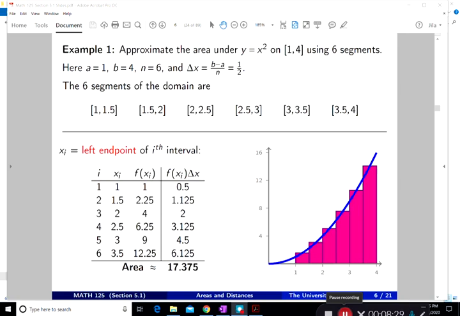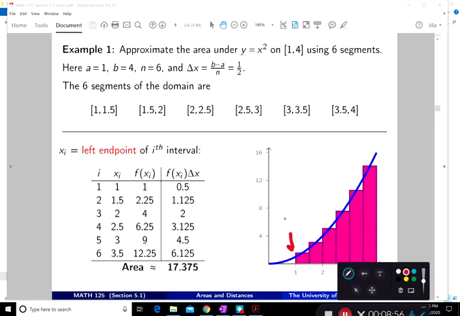Again, breaking the interval into pieces is the same. You have the 6 intervals, and each one is 0.5. This time around, when you're trying to find the height of the rectangle, you use the left endpoint, and that is over here, left endpoint, and that's f of the left endpoint here, f of 1, which is 1.